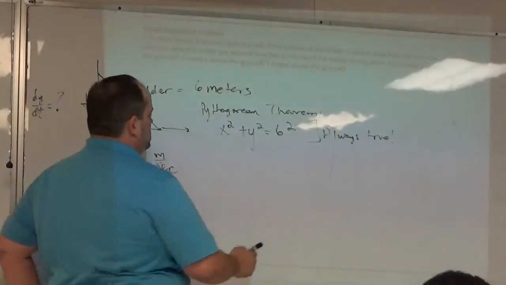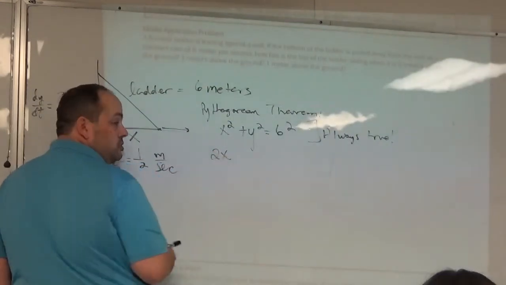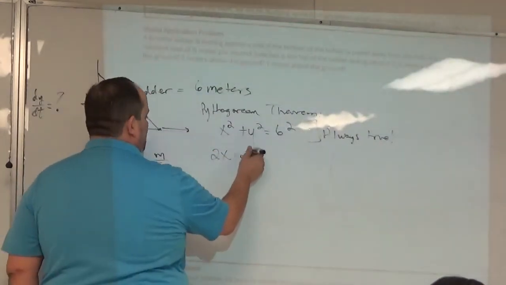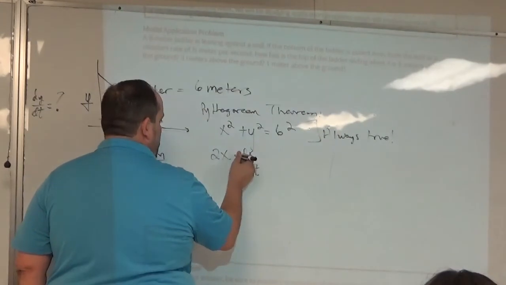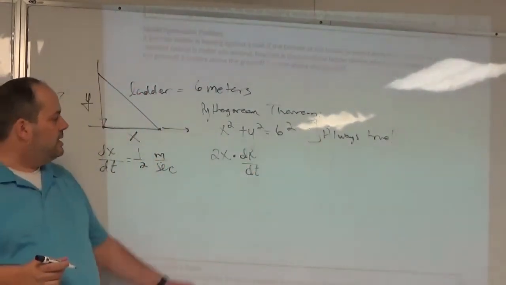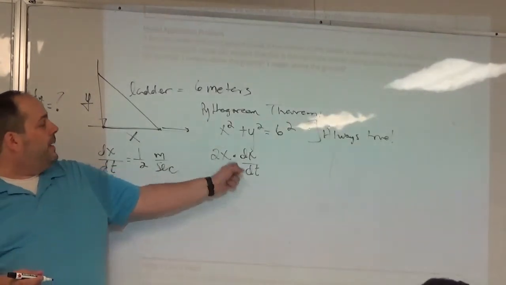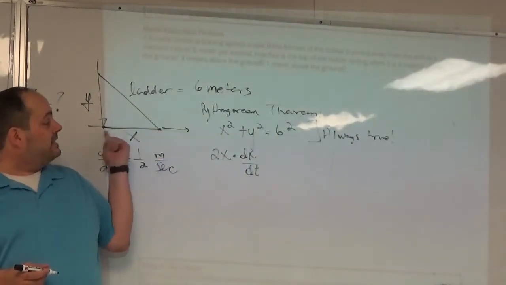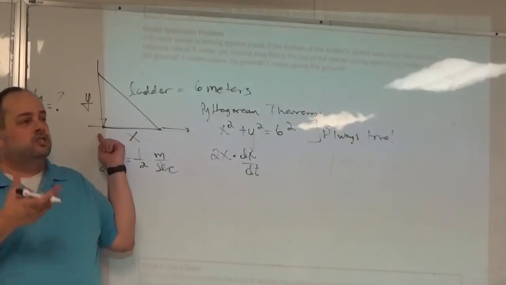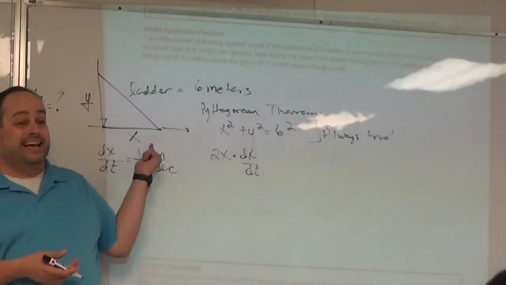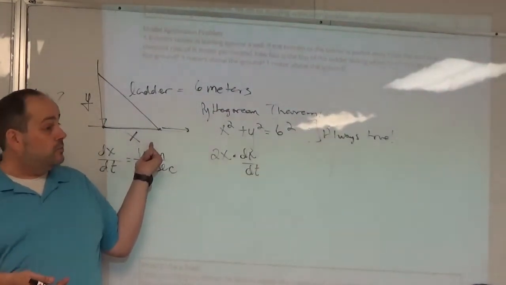The derivative of x squared is 2x times dx/dt. You may not have seen the dx/dt coming, but x, how far the ladder is from the building, changes with time. It depends on time.